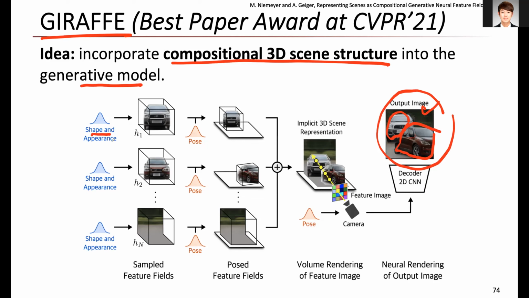Starting from a random shape and appearance code and the camera pose, they consider instance-wise different shape, appearance and pose like this, as well as the background, then composite the information and render to images. This compositional 3D scene generation achieved the best paper award at CVPR 2021.